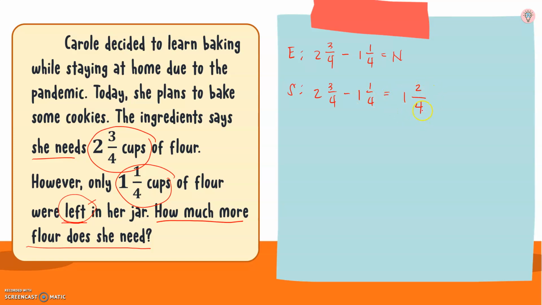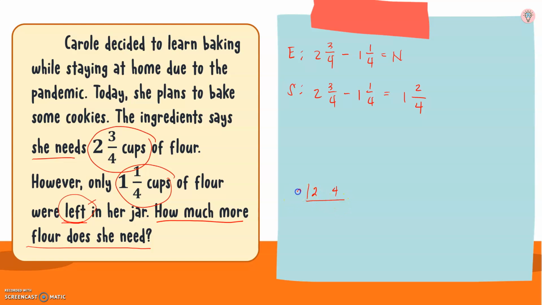Now 2/4 is not yet in its simplest form, so we will have to change it into its simplest form. And we will do that by using continuous division method for GCF. That means we will find a number that will divide both 2 and 4. Again, it should be a number that will divide both the numbers in our division bar.